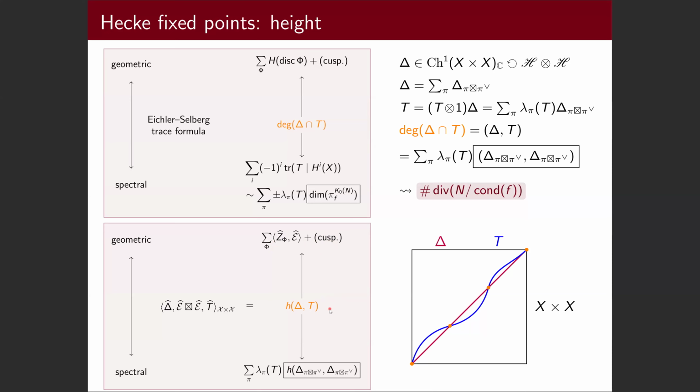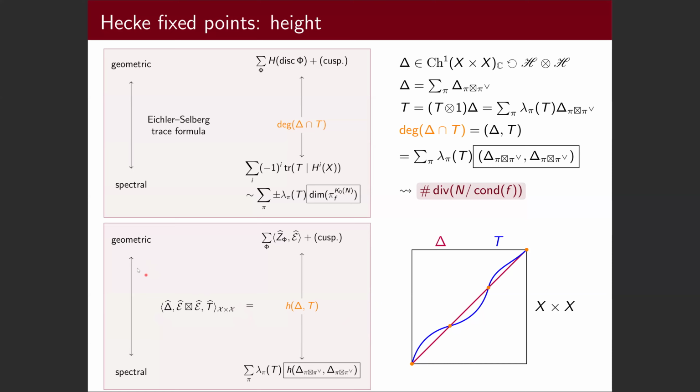And the second way is to consider the spectral theory and decompose over automorphic forms. So that's this bottom line here, where the calculation, at least formally, is very similar to before, where we replace this intersection number in the Chow group with some height pairing in the arithmetic Chow group, where this H is defined like here in the trilinear pairing, where we insert the line bundle.